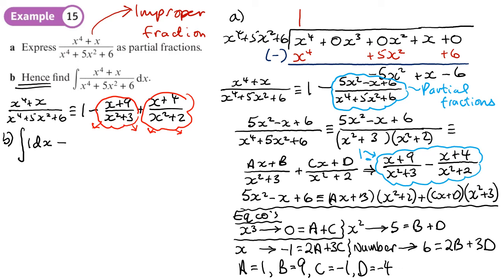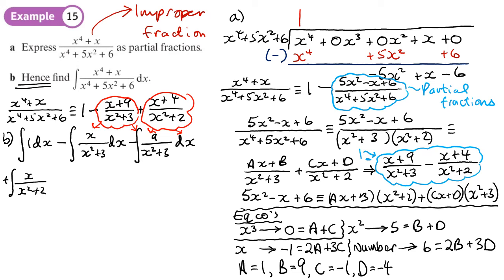So minus, and then we'll split that fraction up, so we got x over x squared plus 3 dx, and then it's going to be minusing the 9 over x squared plus 3, my arrows don't quite match up, dx, and then plus 4x over x squared plus 2 dx, plus 4 over x squared plus 2 dx.